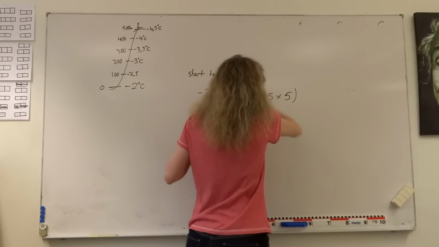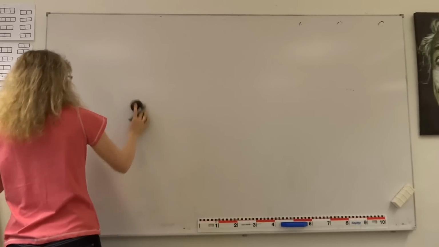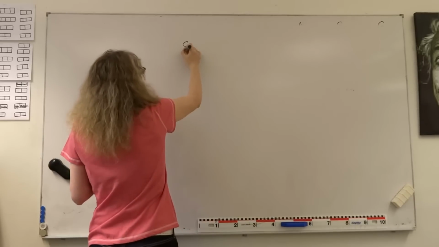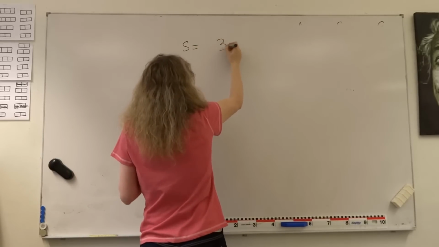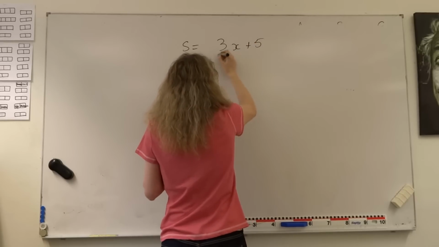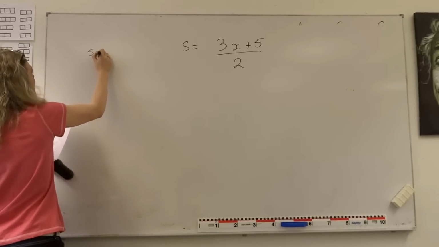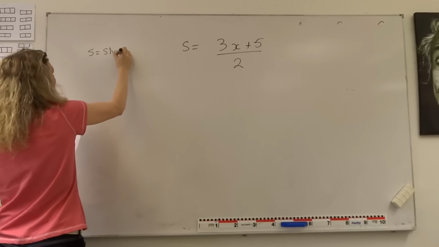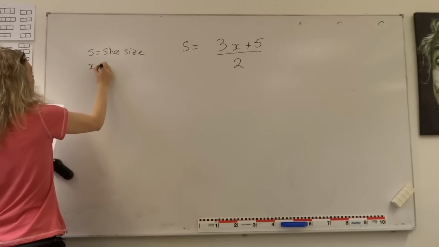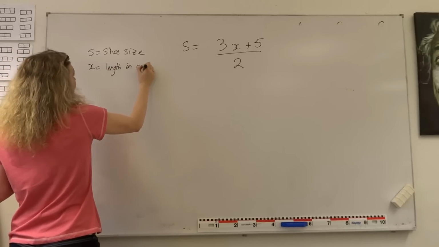Then the last one on this paper is that there is a formula for the size of your foot, where the size of your foot is 3 times the length of your foot in centimeters plus 5, divided by 2. S is shoe size, or pied size, and X is length in centimeters.